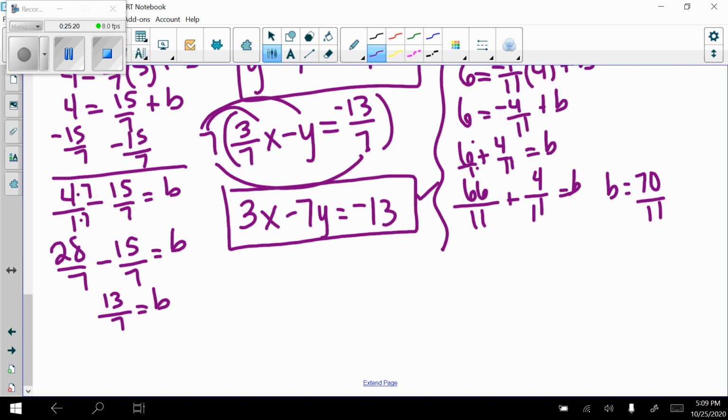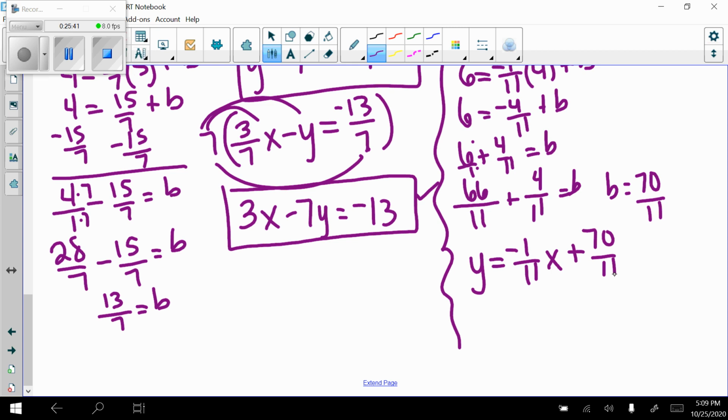Write the two equations. The first one, slope-intercept, is easy. y equals my slope, -1/11 x, plus my b, 70/11. Now standard form: x and y need to be on the same side.